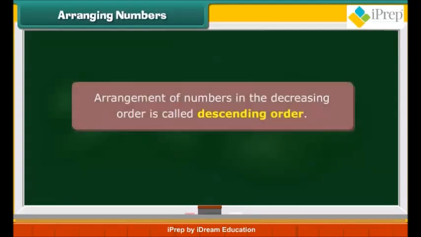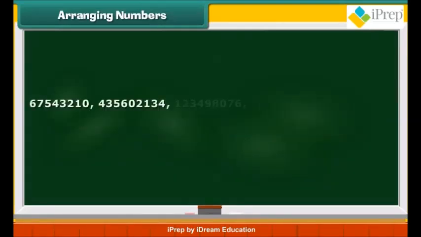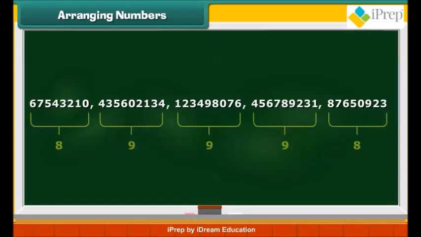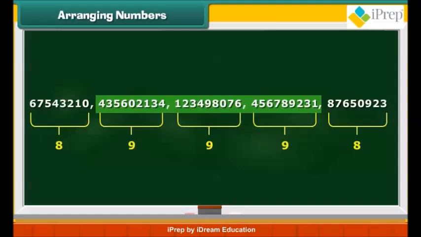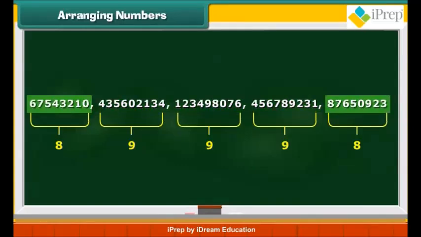Let us now arrange numbers in descending order. Arrangement of numbers in the decreasing order is called descending order. Take a look at these numbers. Count the digits in each number. 435,602,134, 123,498,076 and 456,789,231 have 9 digits. 67,543,210 and 87,650,923 have 8 digits.